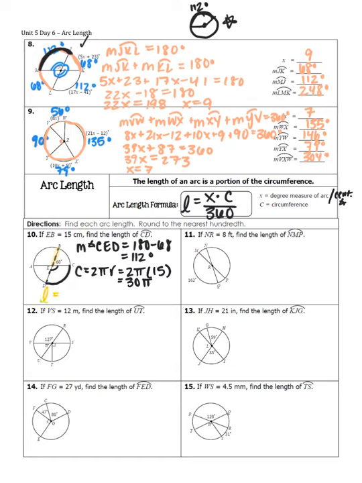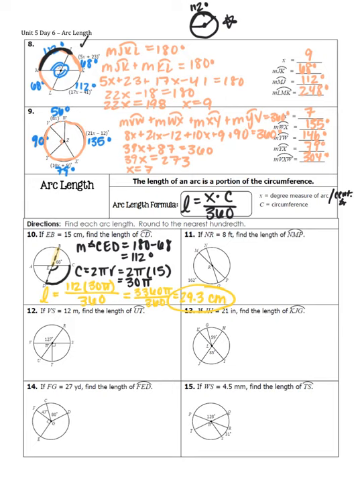L is equal to 112 times 30 pi all over 360. You could plug pi in if you want to. I'm going to round all of my answers, so I am going to plug pi in. So we would get 3360 pi over 360, and that is about 29.3 centimeters. Okay?